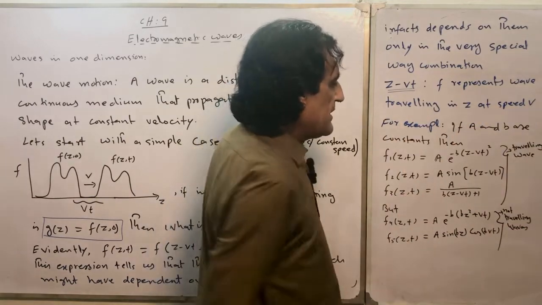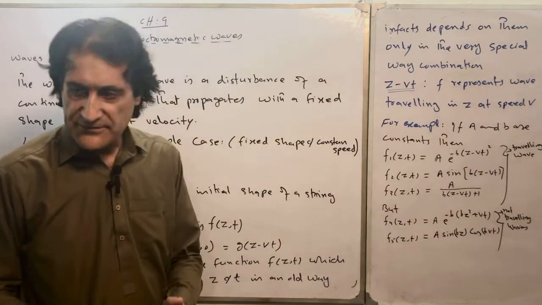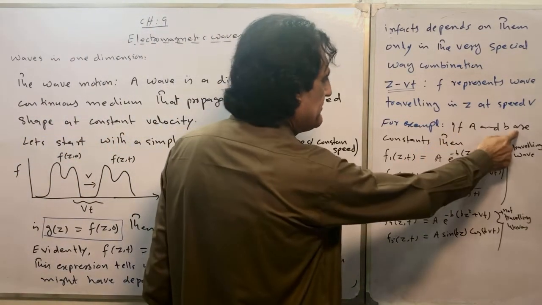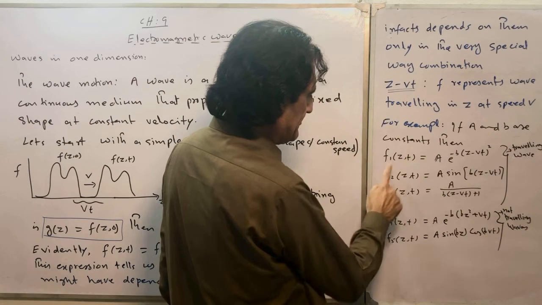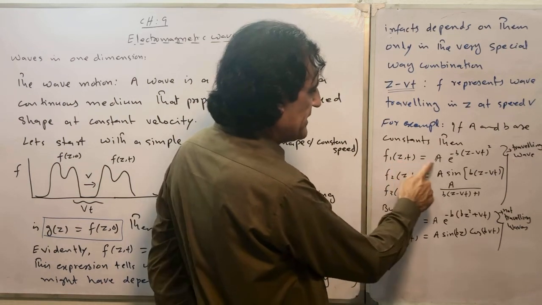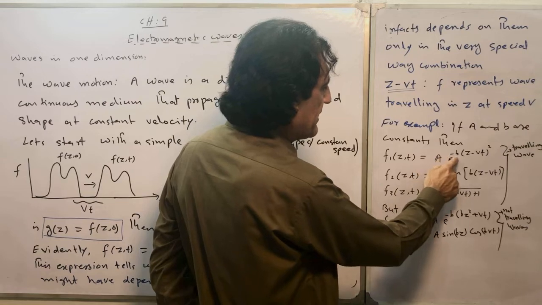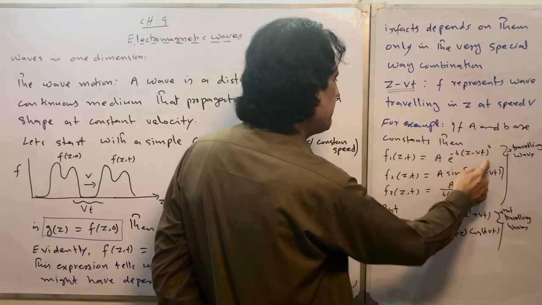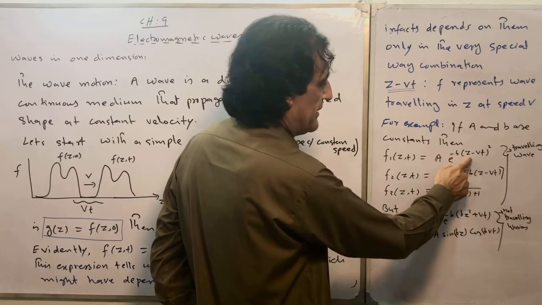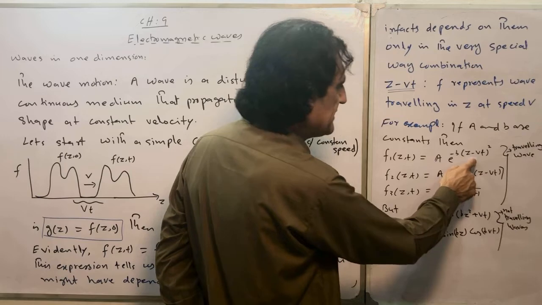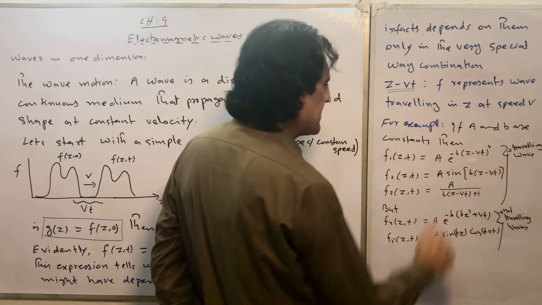For example, let's suppose we define some functions. If a and b are constants, then f1 of z, t is equal to a e to the power minus b times (z minus vt). If we have this kind of expression z minus vt, then it means that this is a traveling wave.